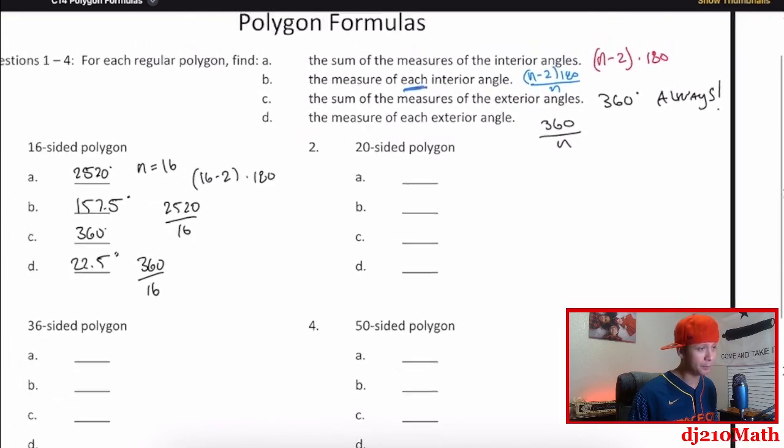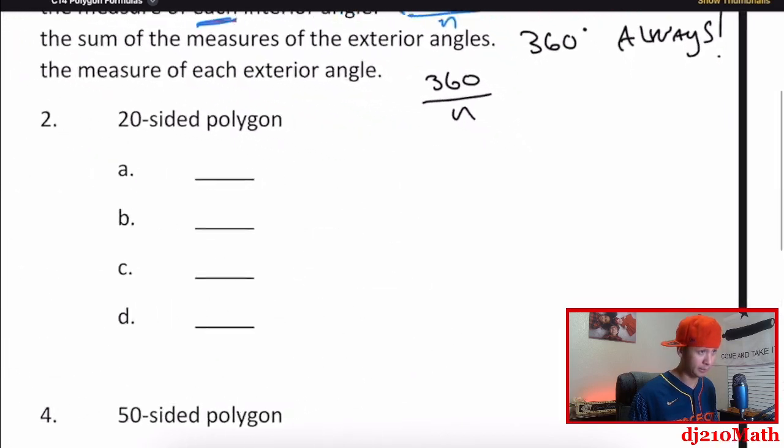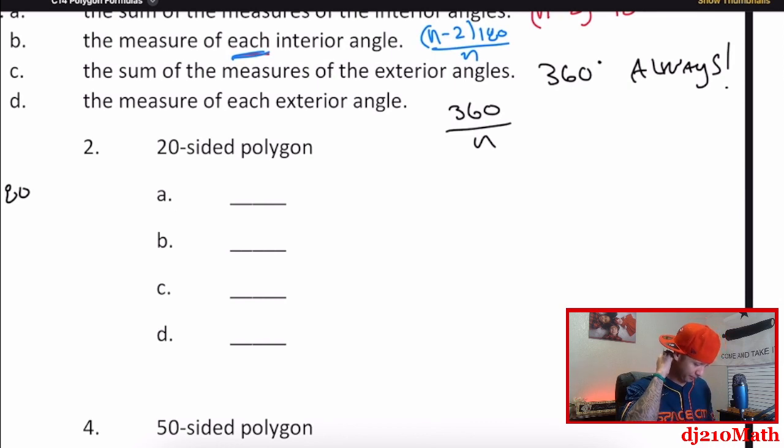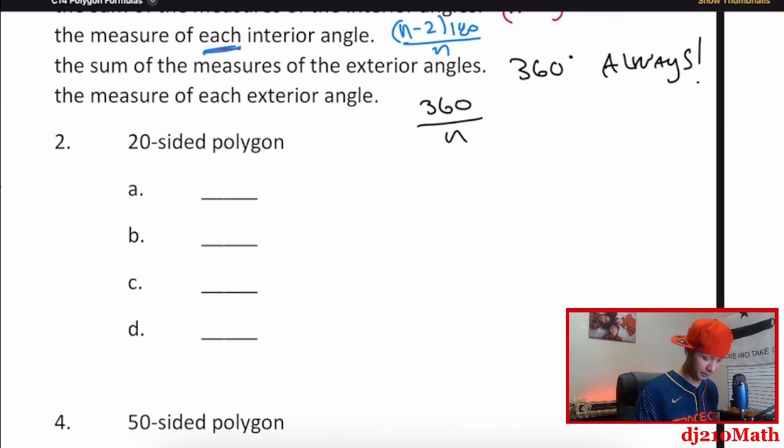So look at number 2, which is a 20-sided polygon. So A will be 20 minus 2 times 180. So 18 times 180, 3,240 degrees.